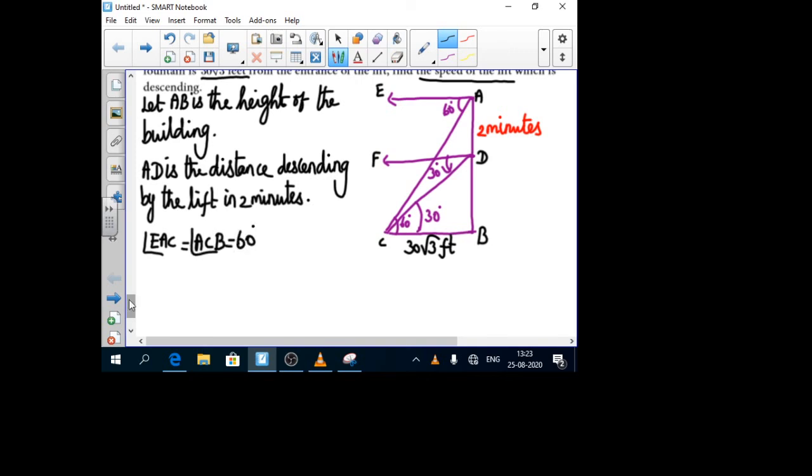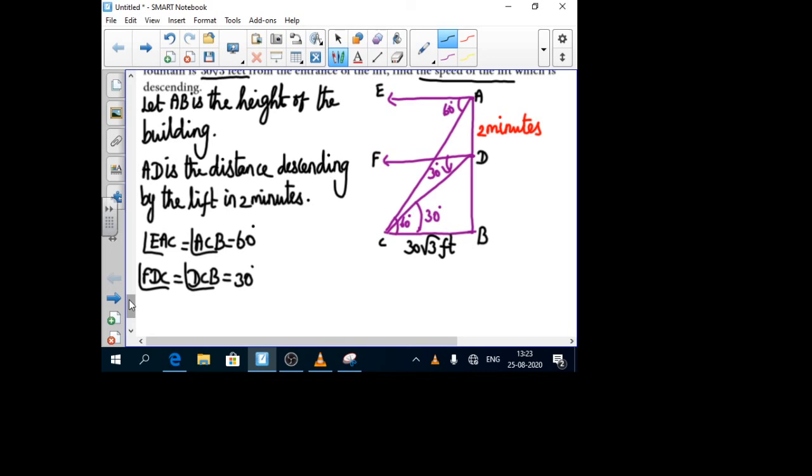Next, angle FDC is equal to angle DCB, that is equal to 30 degree. So angle EAC is equal to angle ACB, which is 60 degree, and FDC is equal to DCB, which is 30 degree.